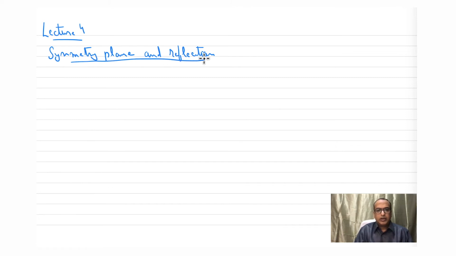Before we actually see examples, let us look at a few important points about what a symmetry plane is and what the technical definition is. First of all, a symmetry plane must pass through the molecule.